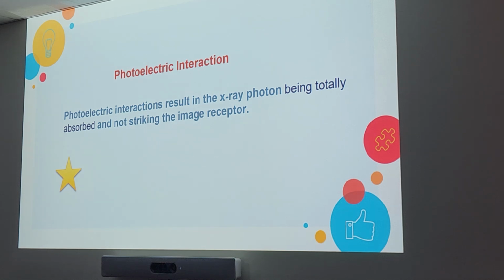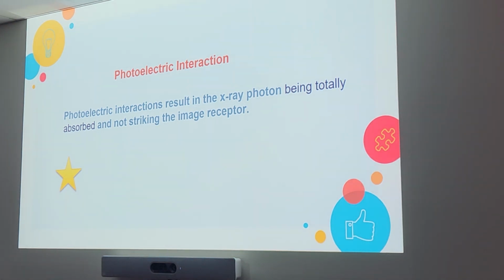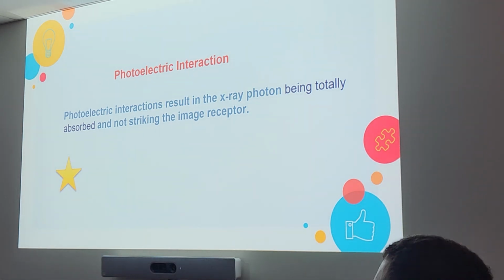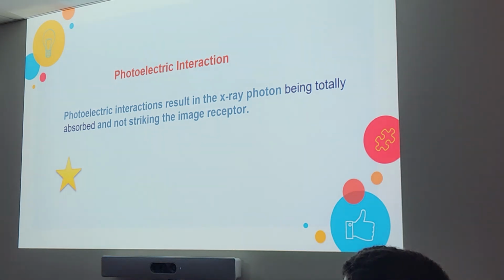Can you explain that? So, during photoelectric interaction, what happens to our electron, and what exactly happens?